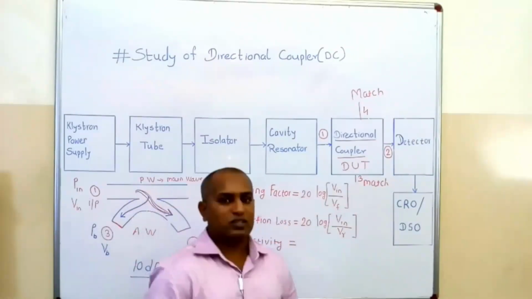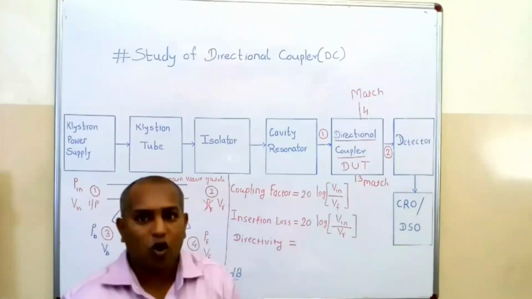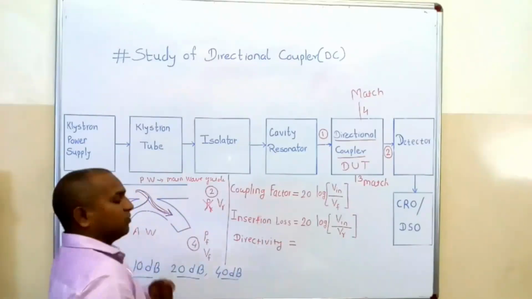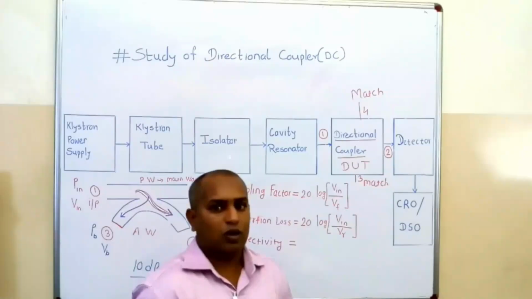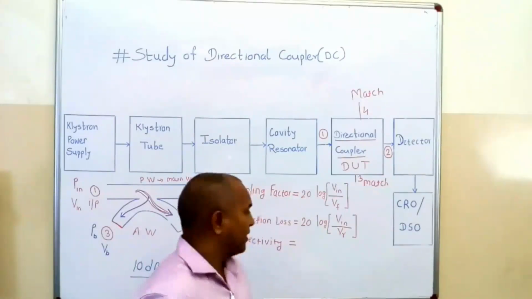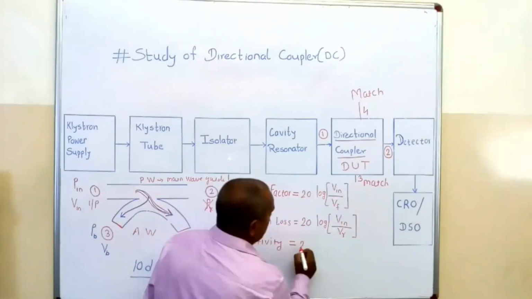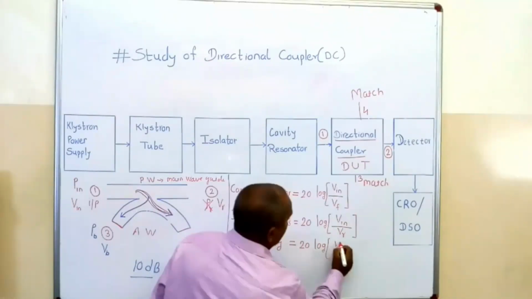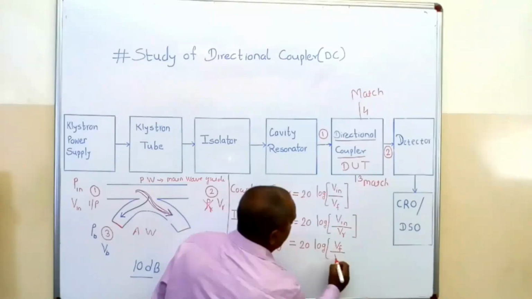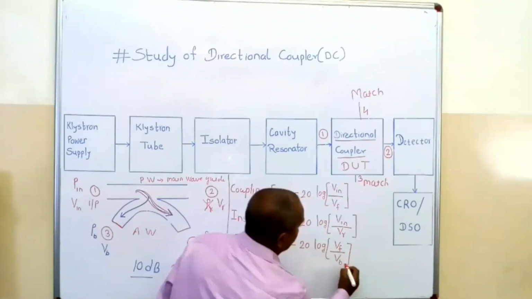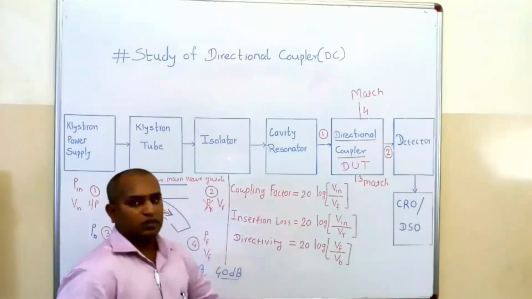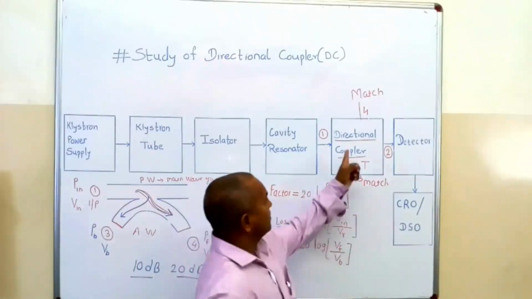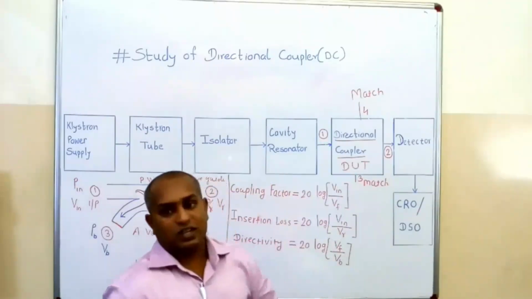And this directivity is the ratio of coupled power to the back power. And hence I will write 20 log of, in bracket, VL divided by VB. This is the directivity.